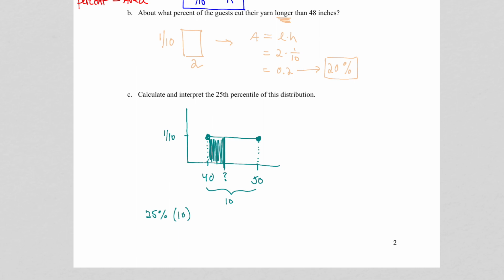So we're going to find 25% of 10. I'm just going to write this out here, 0.25 times 10. So that is 2.5. That means we have to go to the right of 40 by 2.5. So we could do quick math. That's 40 plus 2.5, which is 42.5.